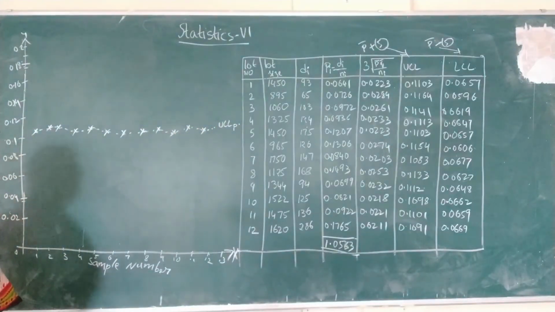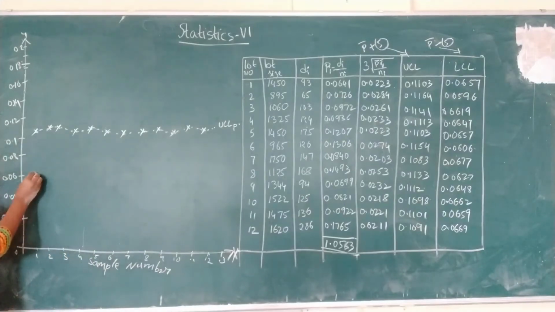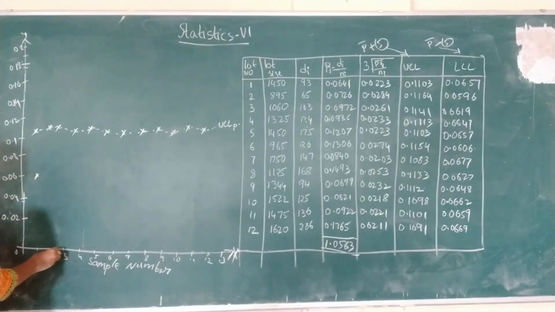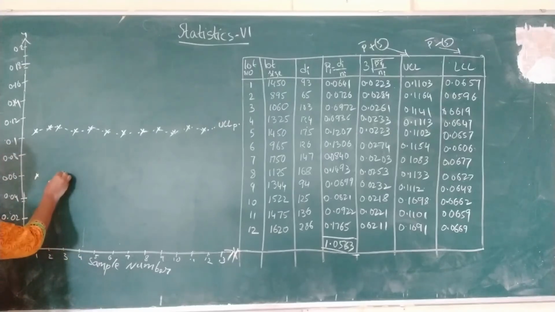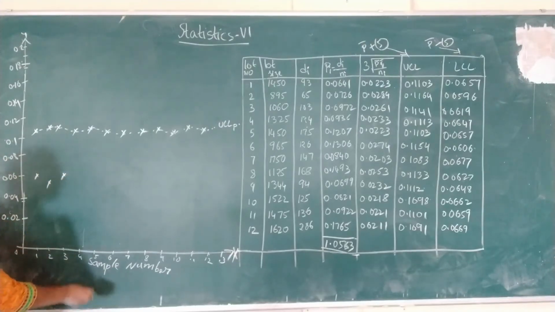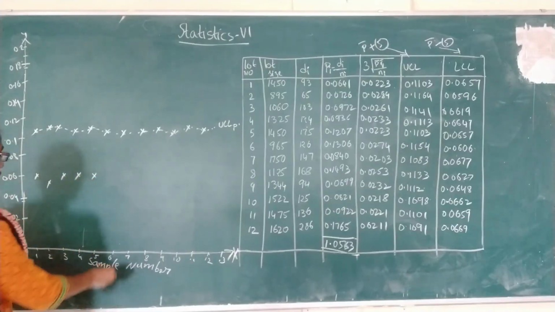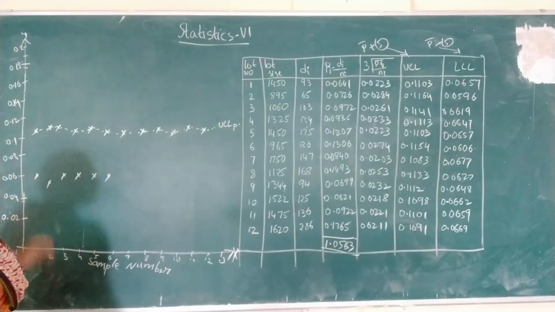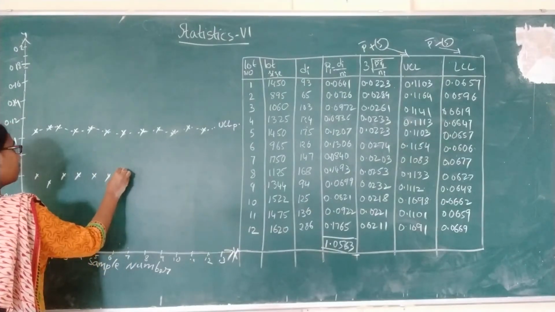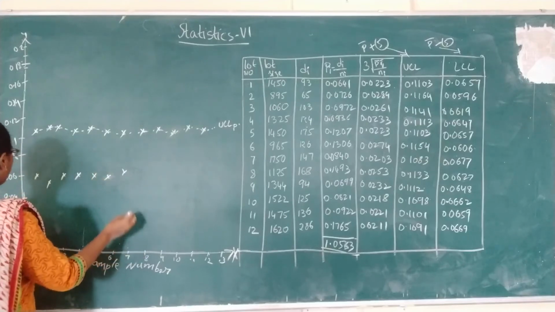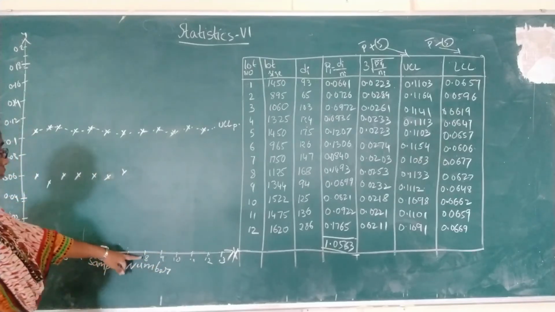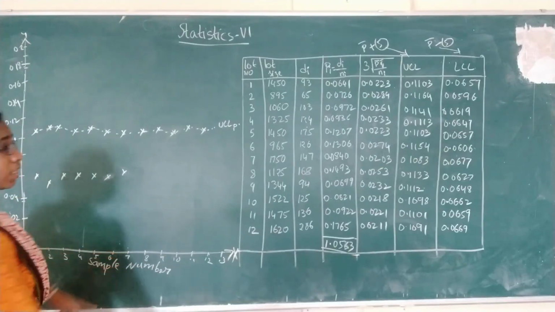Now similarly plot all the LCL values also. The first LCL value is 0.06. Next value is 0.05. Next value is 0.06. Next again 0.06 only. Next, 0.06 again. For the sixth sample also 0.06. Seventh sample, 0.067. Next is 0.062.